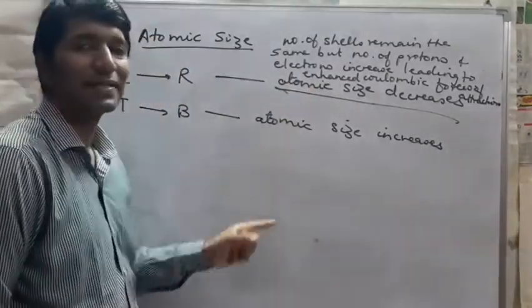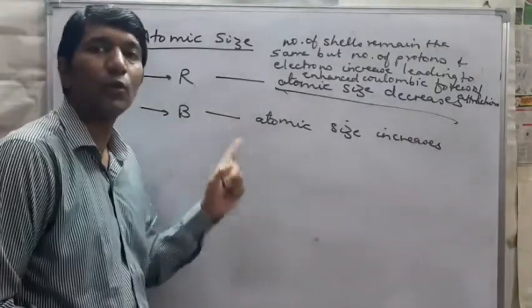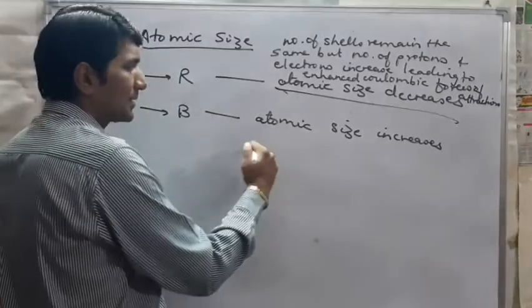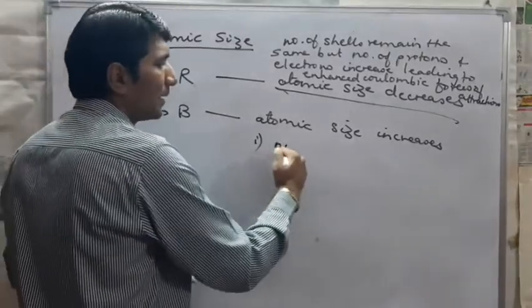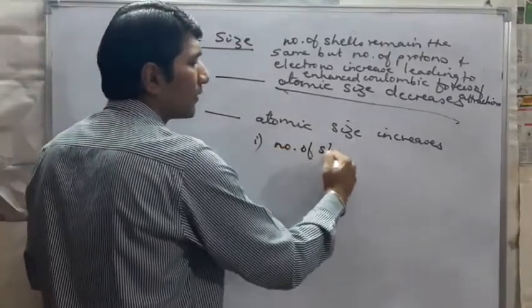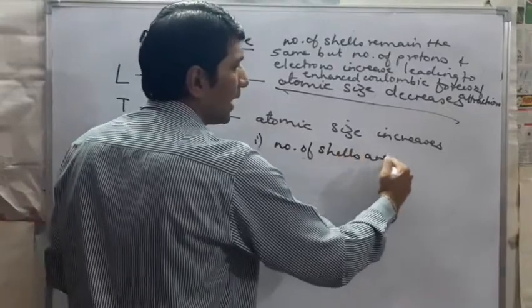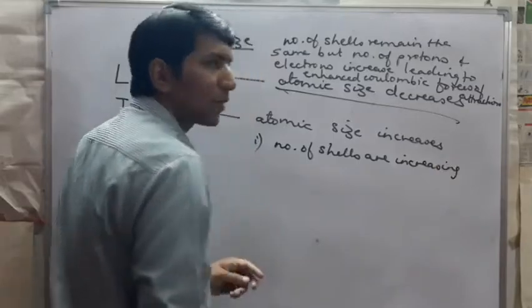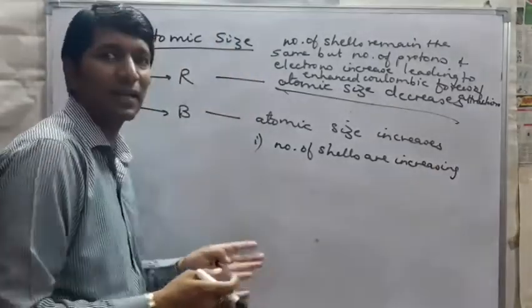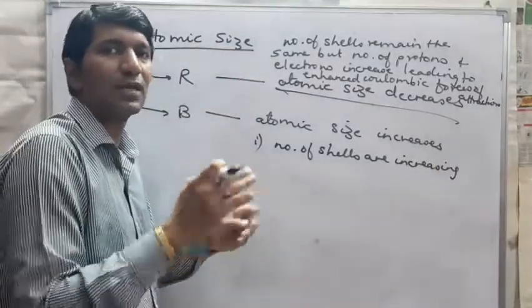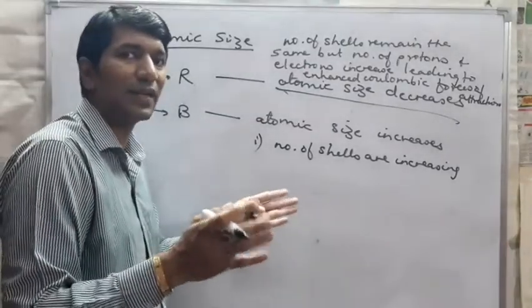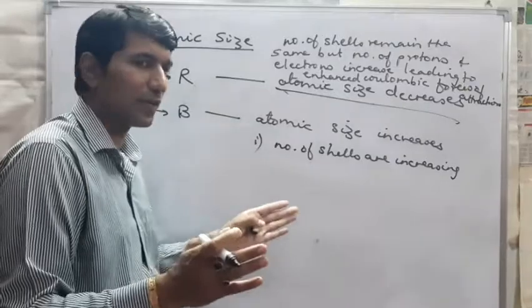Now, atomic size increases while we move from top to bottom. See what all factors are there. First, the number of shells are increasing. If the number of roads across the nucleus are increasing, so those many pathways will be increased, and because of that, the size of the atom will also increase.